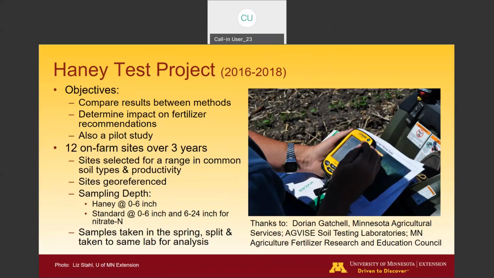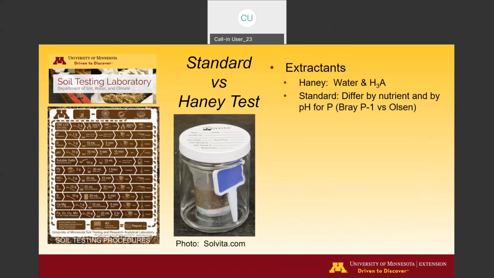That's because research has shown that a significant portion of the nitrate nitrogen in that 6 to 24 inches in the profile is available for the crop, so we should account for that.